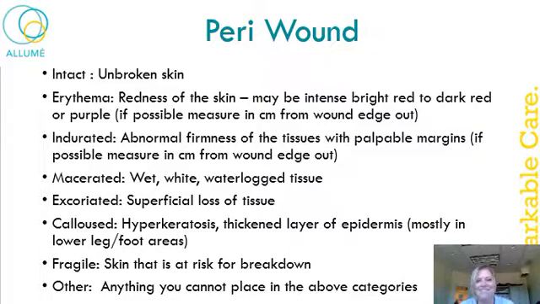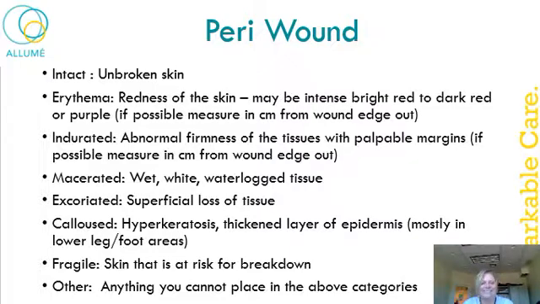Indurated: abnormal firmness of the tissues with palpable margins. If possible, measure in centimeters from the wound edge out. Macerated, not nice: wet, white, waterlogged tissue. It's like if you stayed in a bath too long and your skin got prune-like.